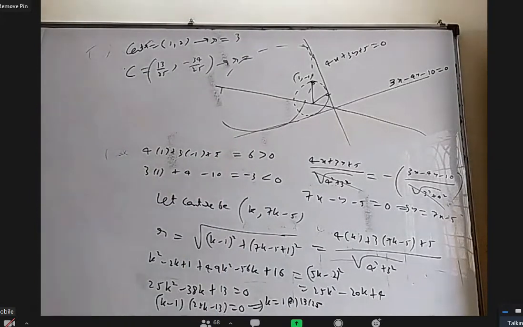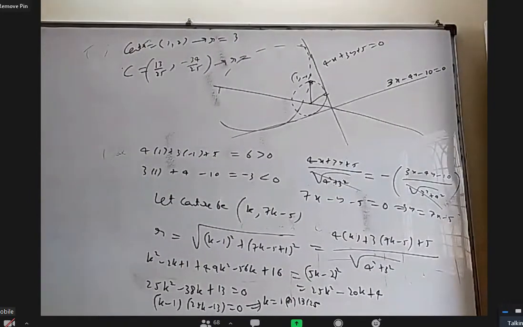Okay, anybody has solved this question before? We got the centers, this only. I'm just looking at the answers. Yes, (1, 2) is the center and radius is 3, good.